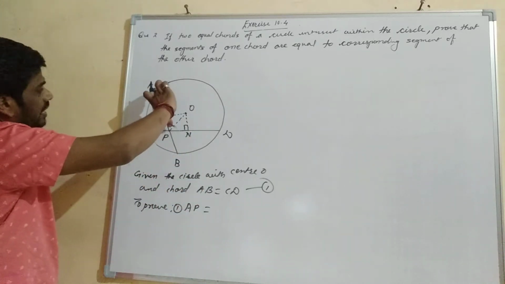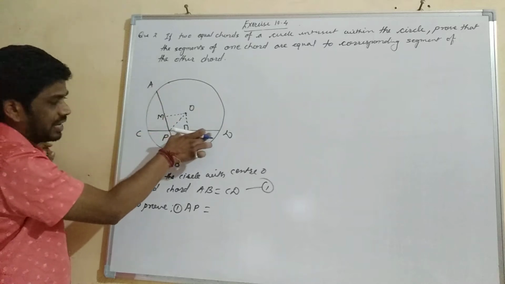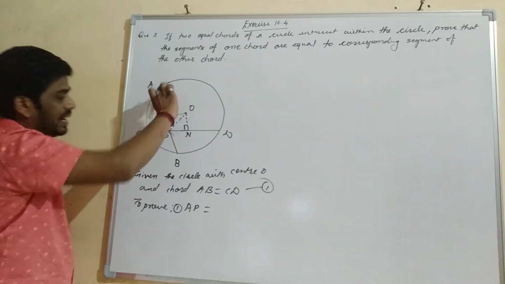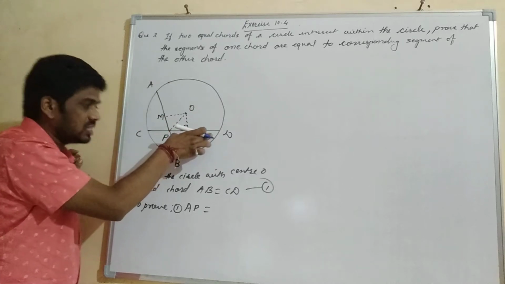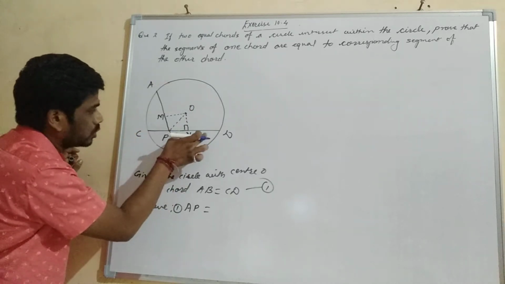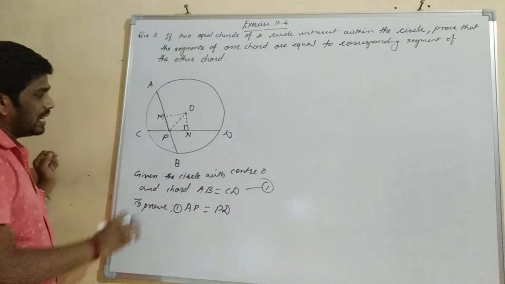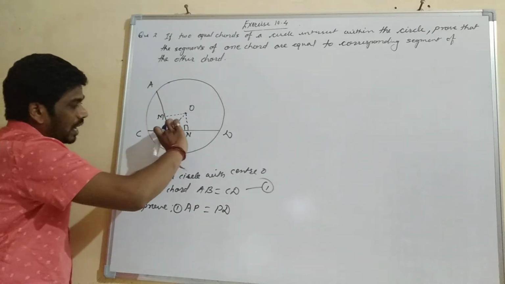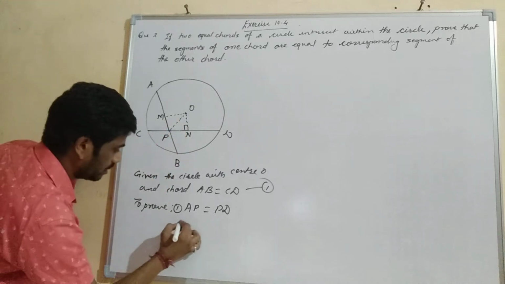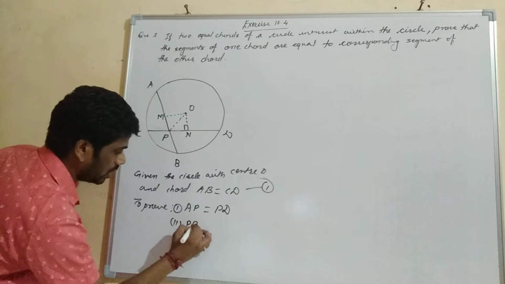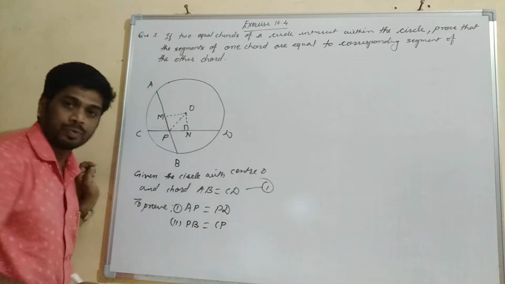The corresponding segment of AP will be PD. AP is a segment and PD will also be a segment. So AP will be equal to PD. These are the corresponding segments. Similarly, PB will be equal to CP. This is the second segment. PB equal to CP. That we have to prove.